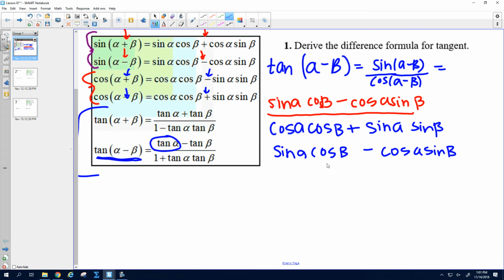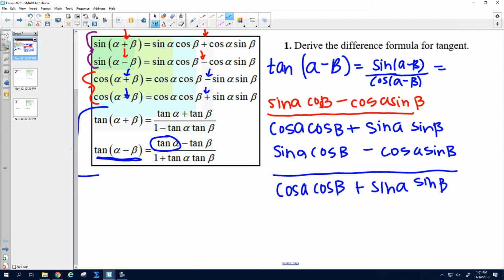So I rewrote the top, I've got my division sign, and I'm rewriting the bottom, but I'm leaving some space because I'm going to divide by the same thing to all four terms. So I'm going to divide here, here, here, and here.